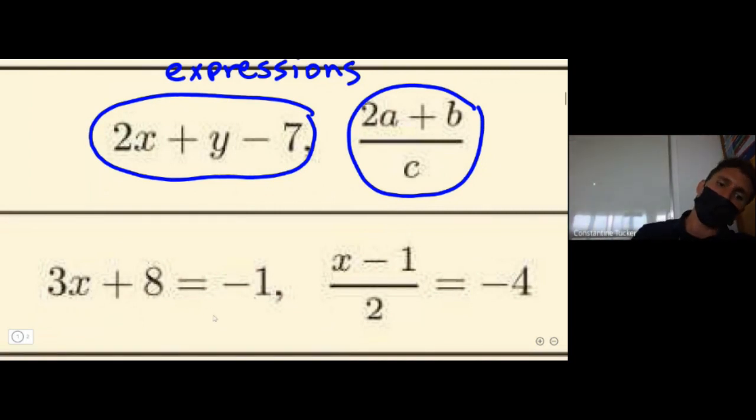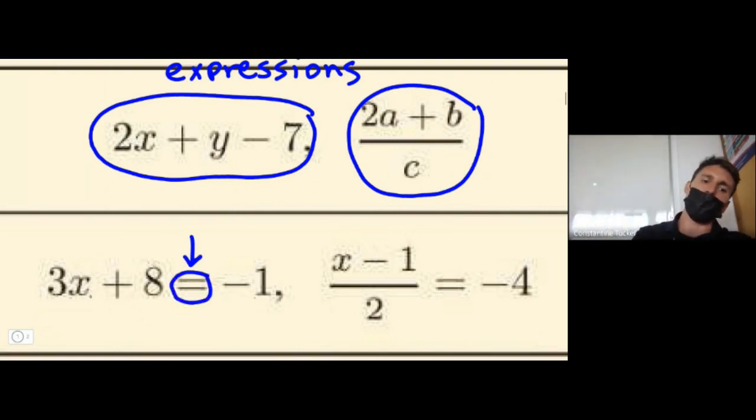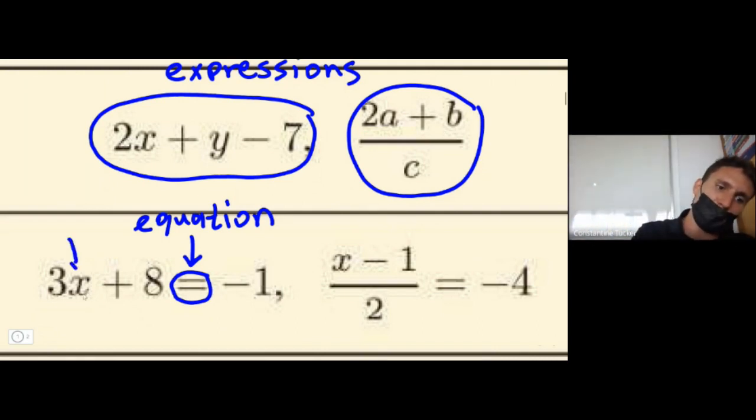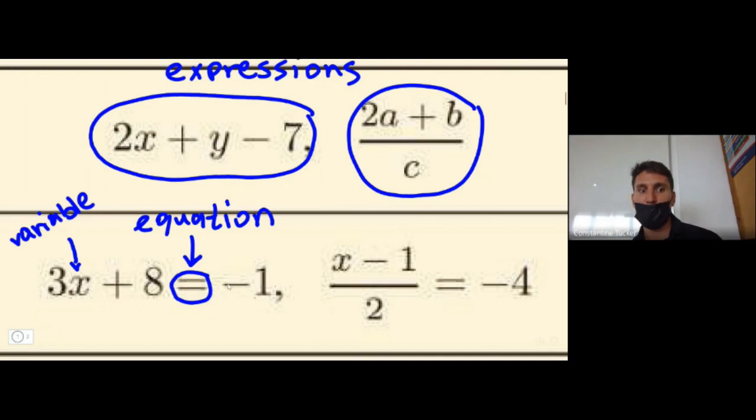So when you have expressions with variables, like this x here, all mixed up together, and it has an equal as well, then this equal makes it into an equation. So equations are basically algebraic expressions mixed in together with an equal, and there is something that we don't know. So there's some kind of variable there. You see this x, this is a variable. Because of this variable, which we don't know what it is, this becomes an equation.